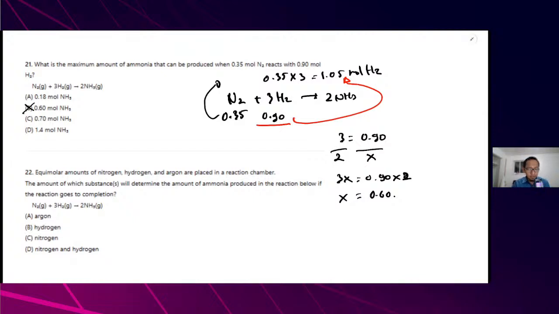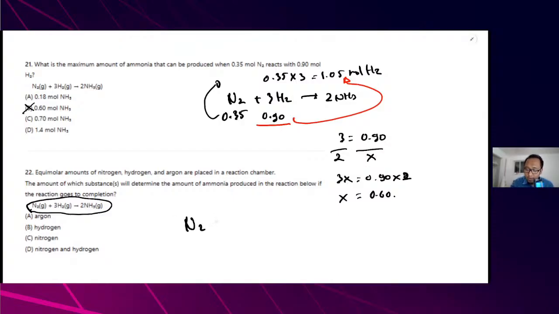N2, H2, and argon are all present in equal moles.